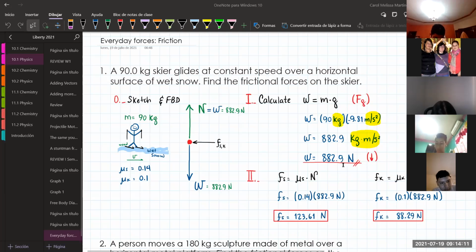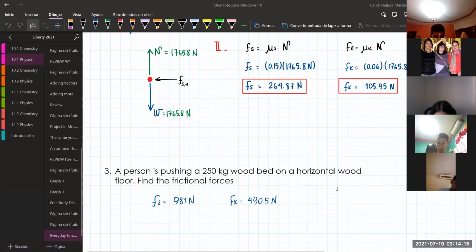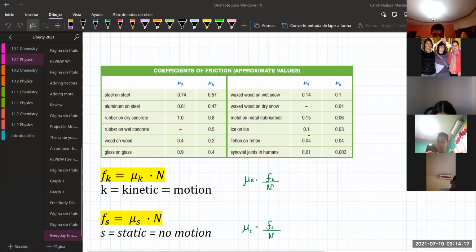Ready? Miss, can you put the table of the units? I will send it. No, but it's for a question: if you put an example, like rubber and wet concrete, what do we do with the static coefficient? Mm, okay, when you see that here there's nothing, that means that the static friction on wet concrete does not exist.